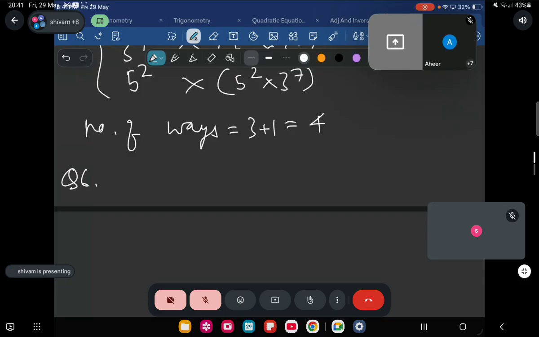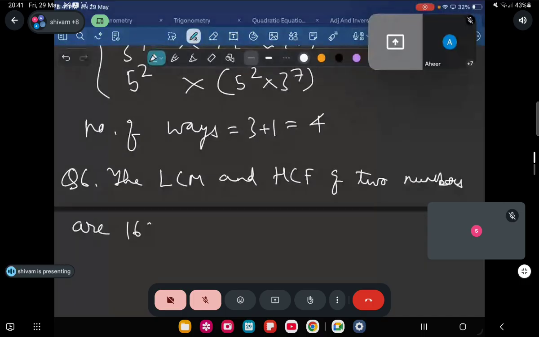Okay, next, the LCM and HCF of two numbers are 168 and 12 respectively.